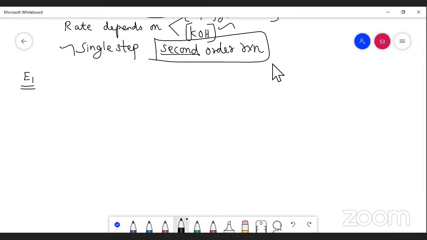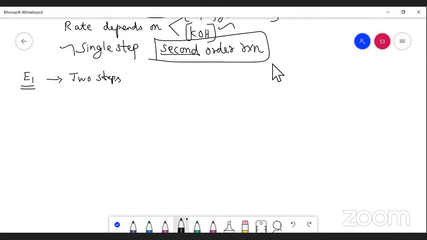E1 elimination is called a unimolecular elimination, and this elimination reaction occurs in two steps. It is a two-step process. Let's see.